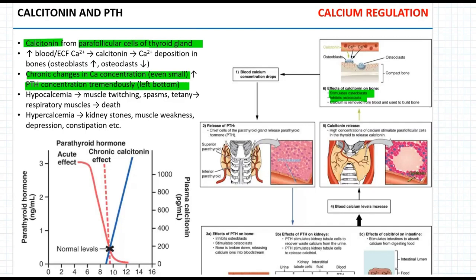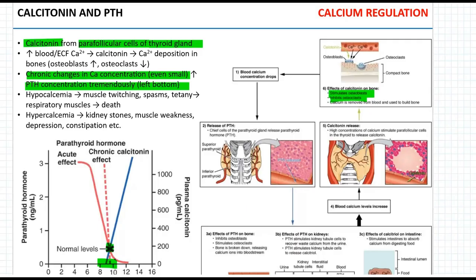So this is your normal level, and even small changes. See how tightly calcium is regulated. You see how quickly calcitonin shoots up if calcium is chronically up, how quickly PTH goes up if the calcium is down.